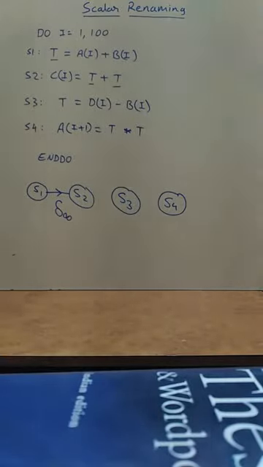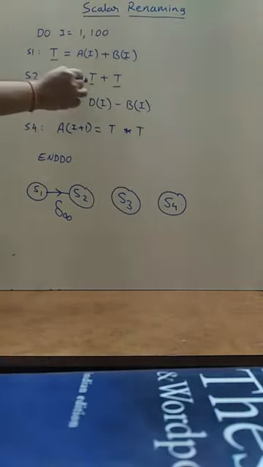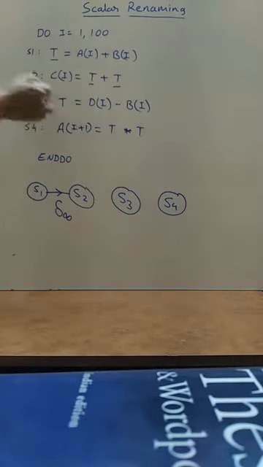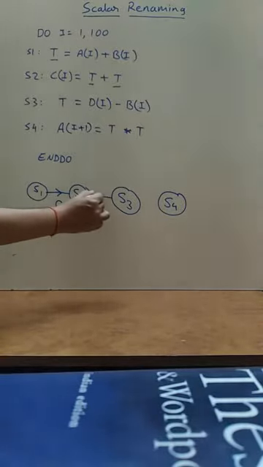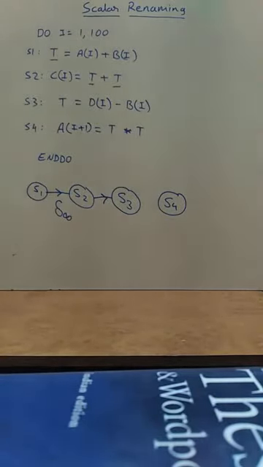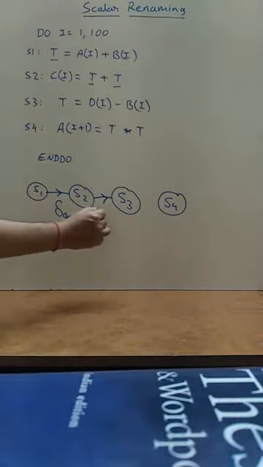Now the next dependence: T is used in S2 and defined in S3, so you have a dependence from S2 to S3, and this dependence is of which type?